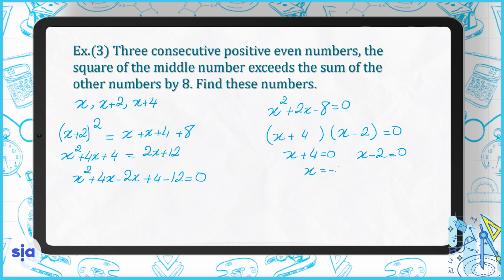So x equals negative 4 or x equals 2. But the question said 3 consecutive positive even numbers, so it cannot be negative 4. So x equals 2. x is the smallest number. So what are these numbers? The numbers are 2, 4, and 6.